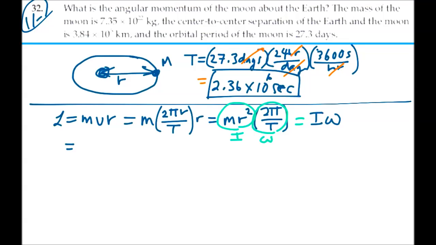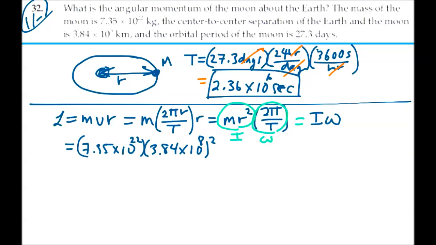Sounds good. Well, we have the mass of the moon times r squared, so we have 7.35 times 10 to the 22 times the radius of the orbit, 3.84 times, now 10 to the 5 kilometers is 10 to the 8 meters.